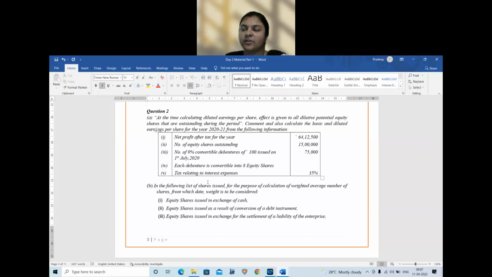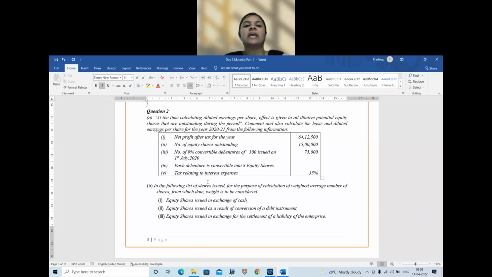Why is the word all dilutive important here? We are going to consider not the shares that are at the end of the year. From the beginning of the year, whatever is available as potential equity shares will be considered on a time factor basis. Comment.